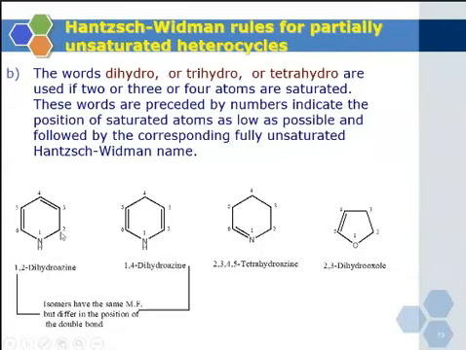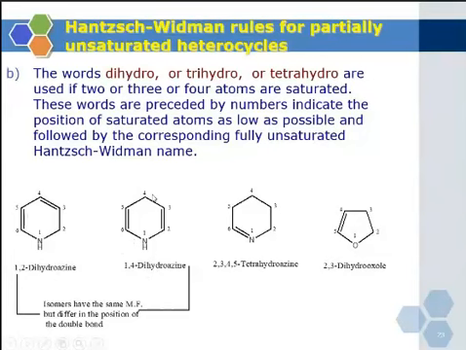Here we can see 1 and 2 position is saturated. Hence we will call it 1,2-dihydroazine. Instead of denoting it as 1H, 2H-dihydroazine, we can call it 1,2-dihydroazine.